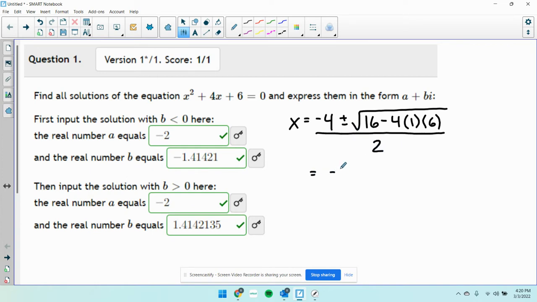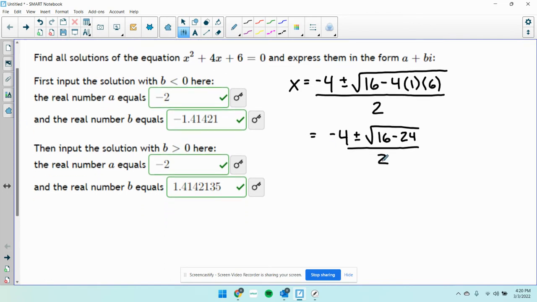So now it's just a matter of simplifying that. So this is the square root of 16 minus 24 over 2. So this is negative 4 plus or minus the square root of negative 8 over 2.